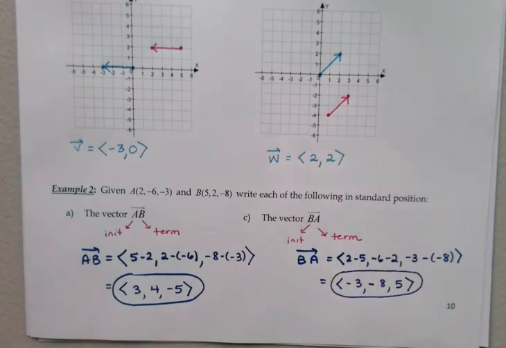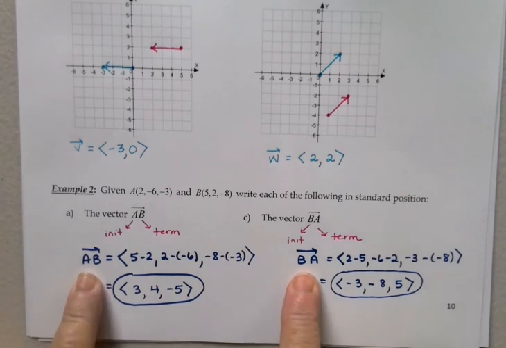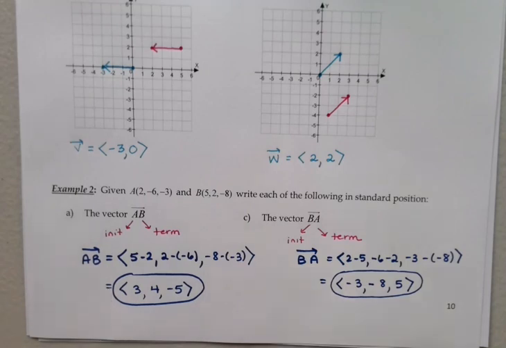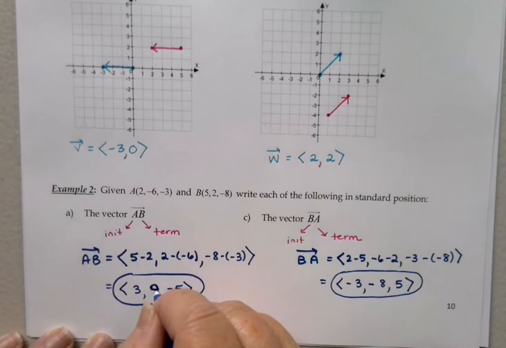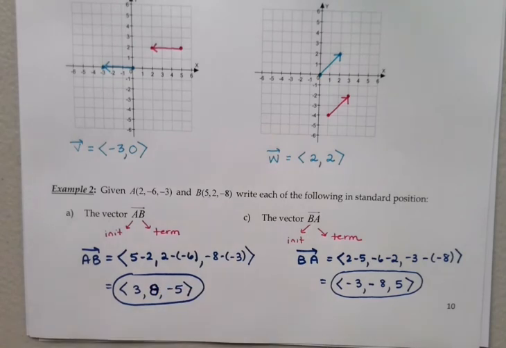All right, where I was going with this was I was going to say, now look, what happens when we have the same 2 points, A and B, but the vectors just switch their initial and terminal positions, when one vector is just the opposite of the other, and they would have been if I hadn't subtracted wrong. 2 minus a negative 6 is 8, not 4. Sorry about that.